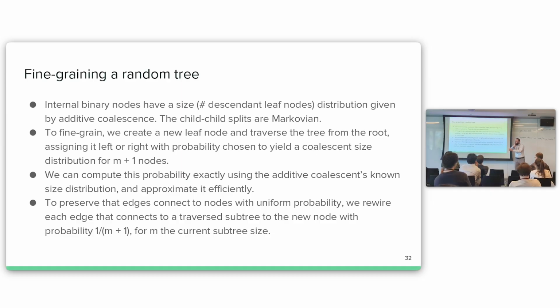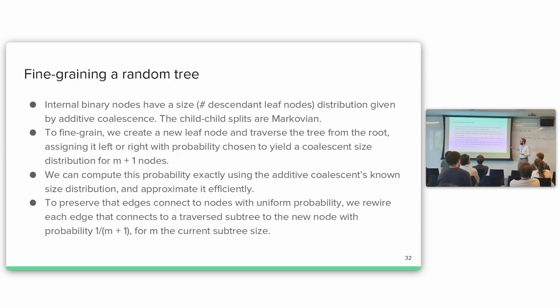We pick the probability of doing that, and it's Markovian, so all we care about is the size of the current node and the current split. We can define whichever probability to go left or right, so that by the end of this whole process, we recover the right statistics for an additive coalescent process as if the original size had been greater by 1.